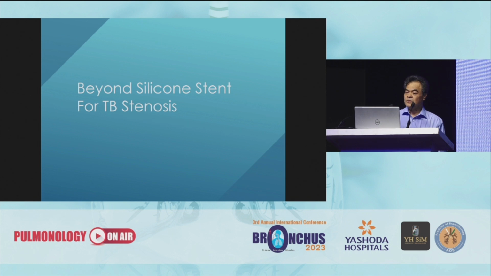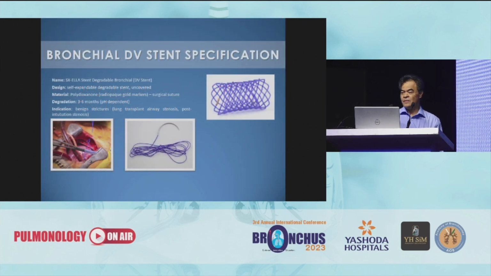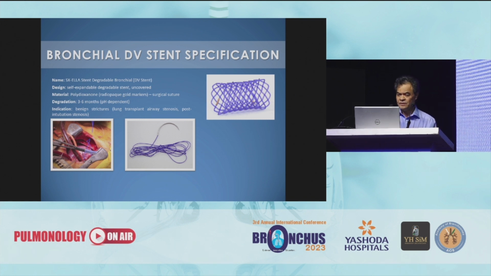So now I'm coming to my topic. Beyond silicone stent for TB stenosis, what else can be offered when silicone stenting is not feasible in TB stenosis? So I propose, perhaps we can consider biodegradable stent in TB stenosis.